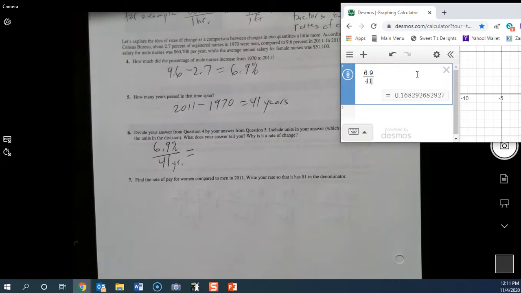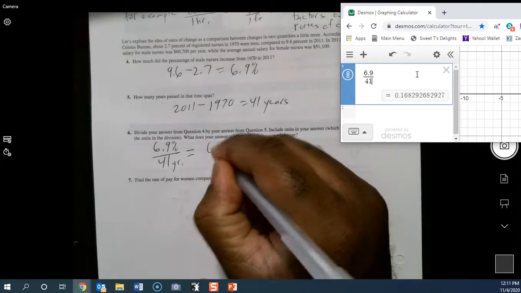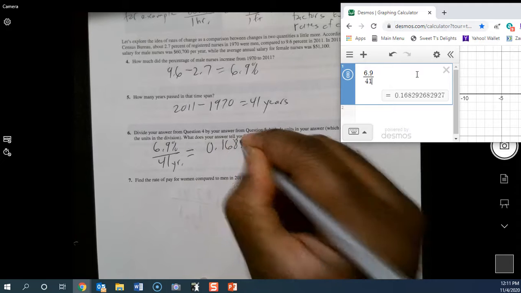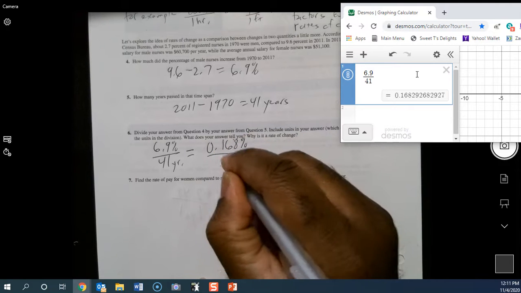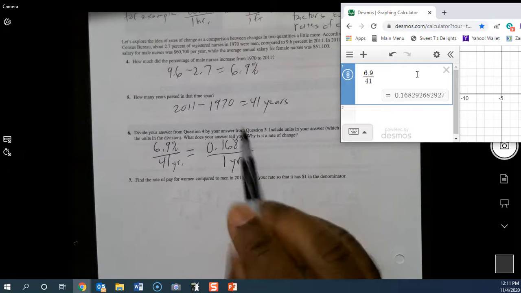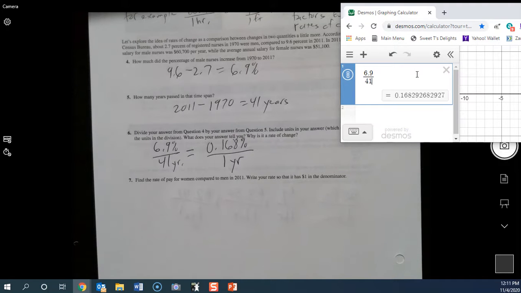So if we round that to 3 decimal places, this will give us 0.168, and it still will be a percent all over 1 year, because that decimal is divided by 1. So that would give us 0.168% over 1 year.